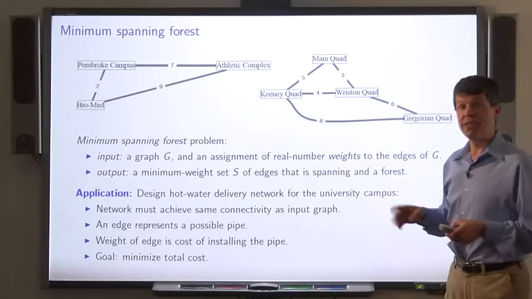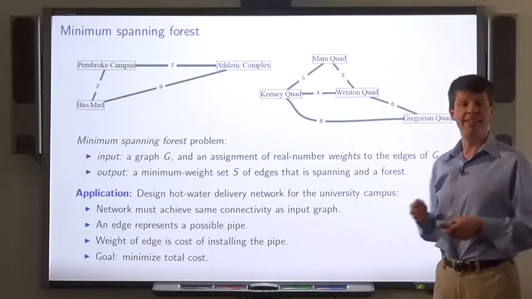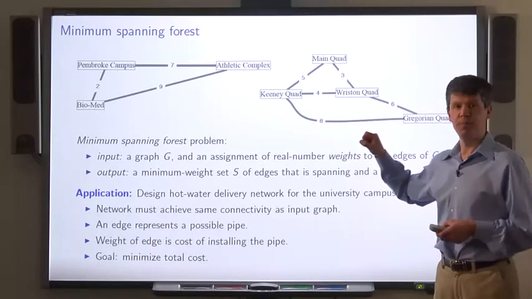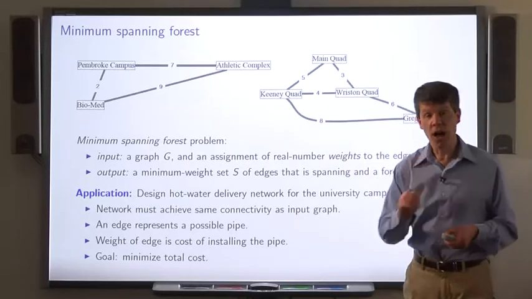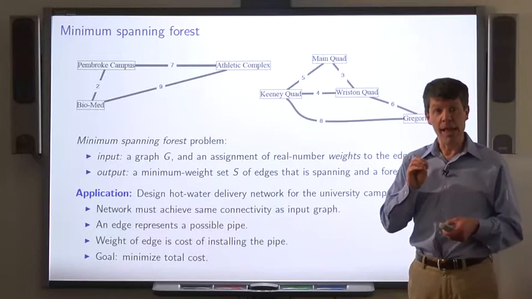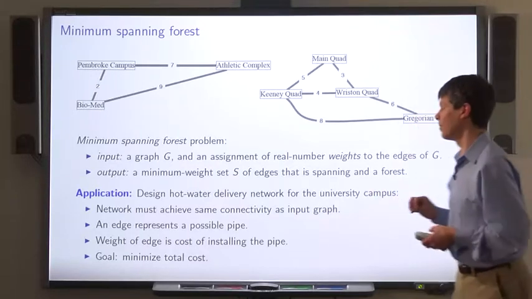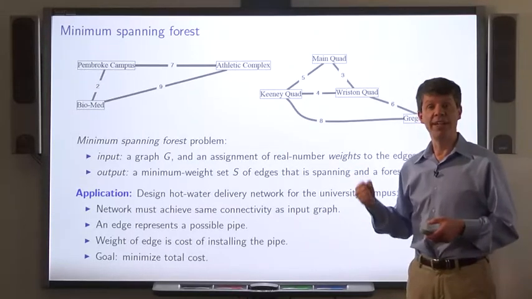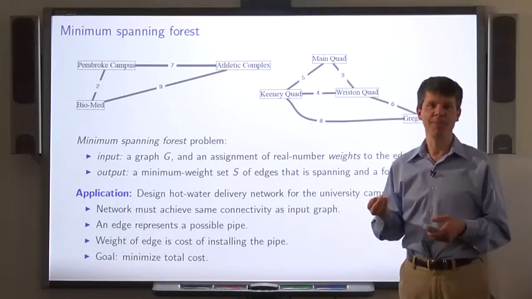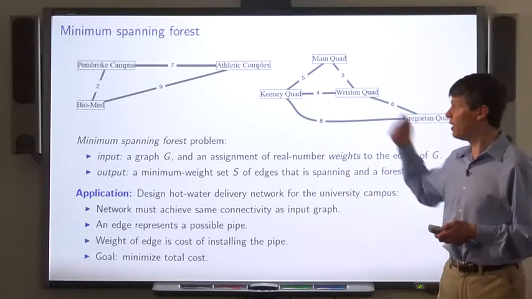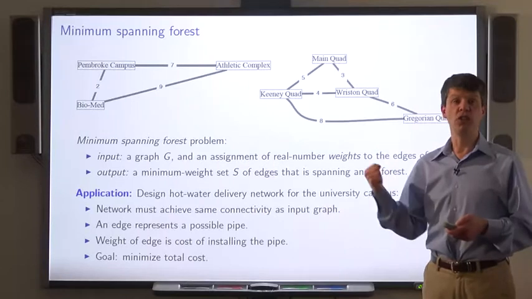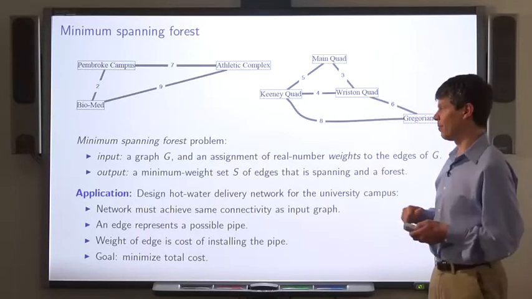The network must achieve the same connectivity as the input graph, and the edge weights represent the cost of installing pipes between the endpoints of the edges. And the goal is to find a set of edges that's spanning and is of minimum cost. It'll turn out, because the edges all have positive weight, that the solution will be a forest.